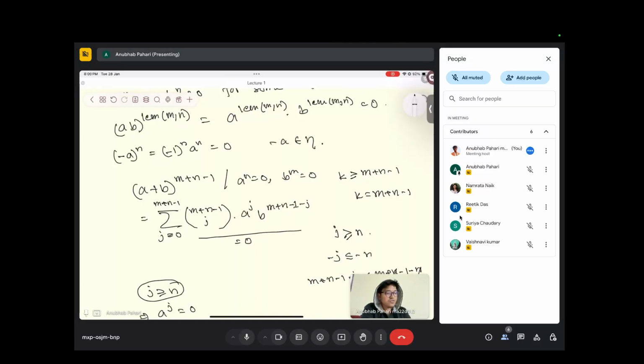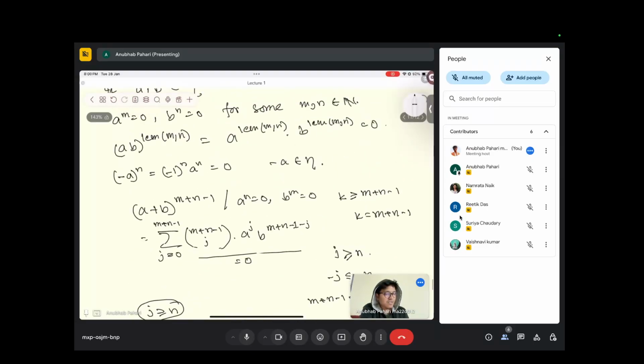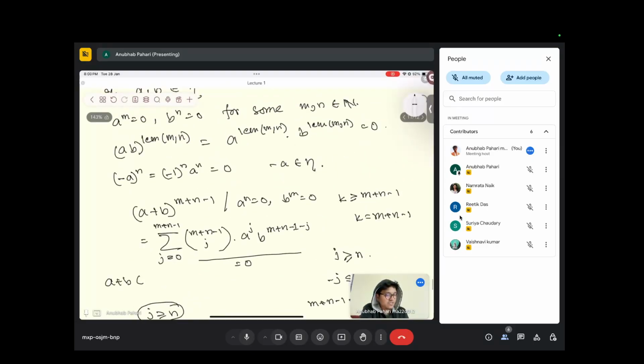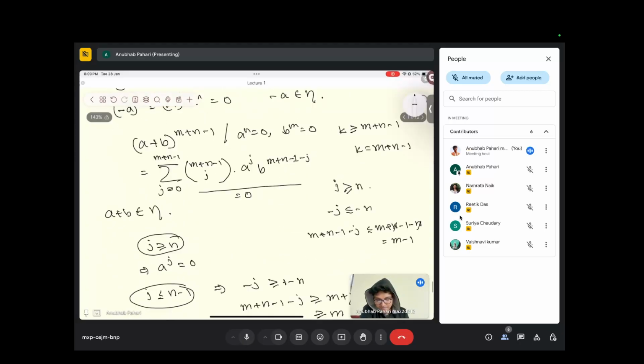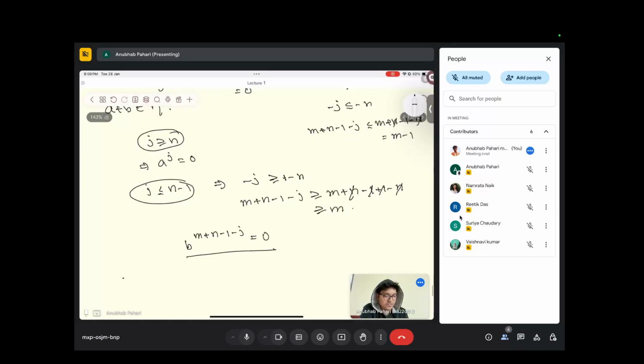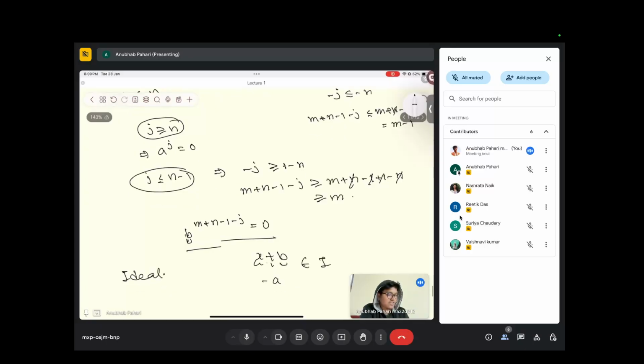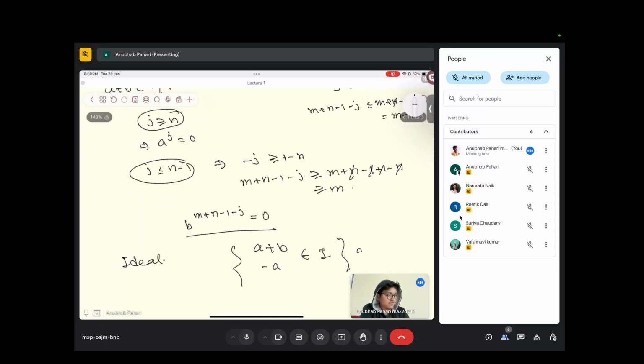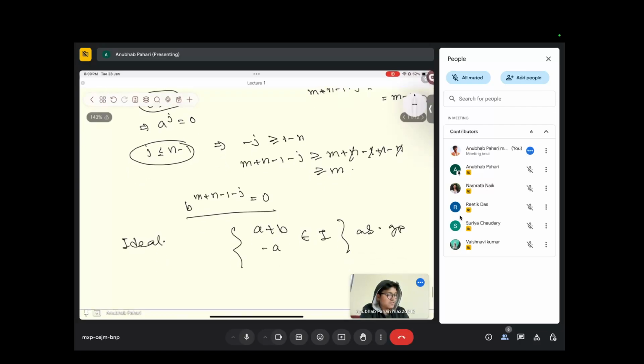Yes. Yeah. So that is how you see that a plus b also is in this nil radical. So you have shown that it is an abelian group and it is also closed under multiplication, so it is an ideal, right? For an abelian group, it is enough to show a plus b and minus a belong to the ideal, and ab belongs to I for an ideal.